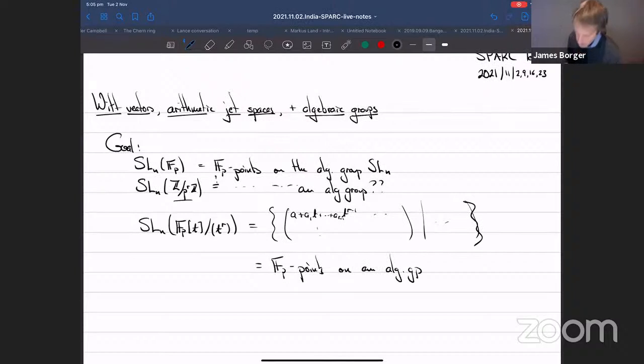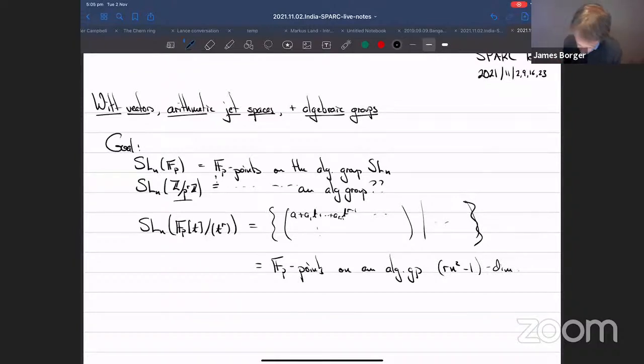In fact, you can even just for fun say what the dimension is. I guess the dimension will be r(n^2 - 1). So it's some very large algebraic group.